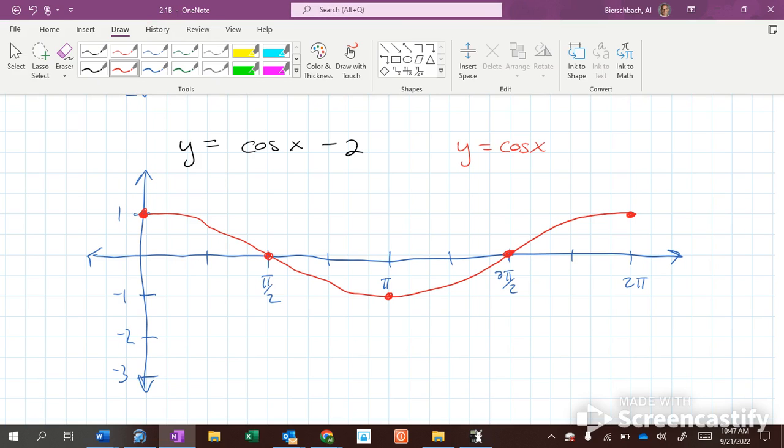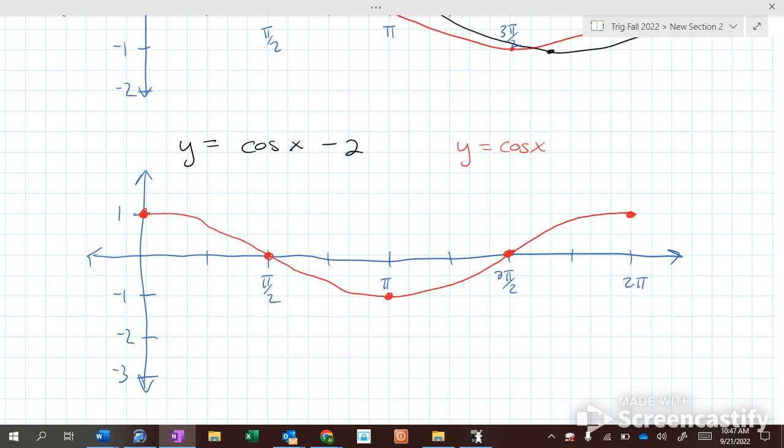Now, since it affects the d, where are we going with the graph? It says minus 2, so we're going to go down 2. It's happening on the outside of the parentheses, so the sign tells us where we're going. So all our y values are going down 2. Instead of at 1, I'm at negative 1. Instead of being at 0, I'm at negative 2. Instead of being at negative 1, I'm at negative 3. Instead of being at 0, I'm at negative 2.